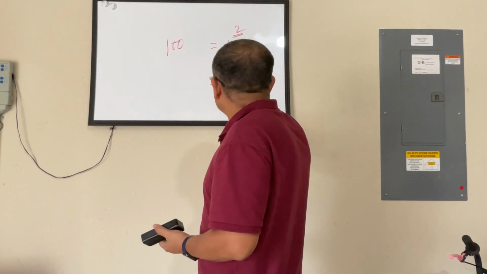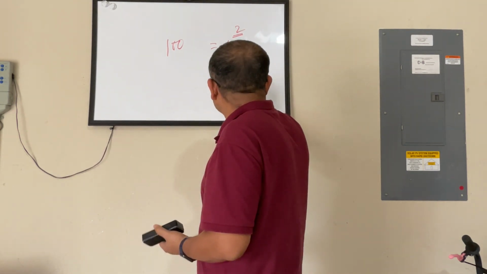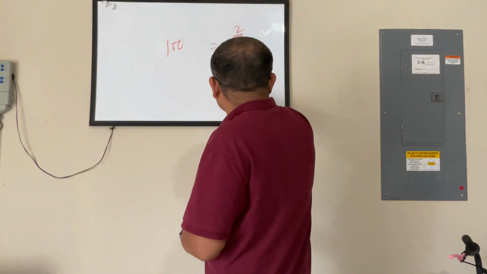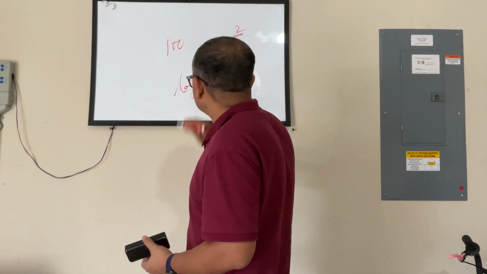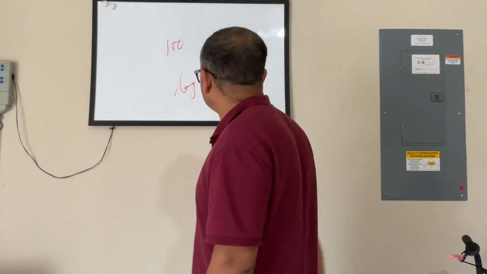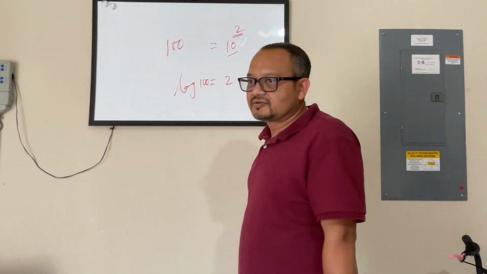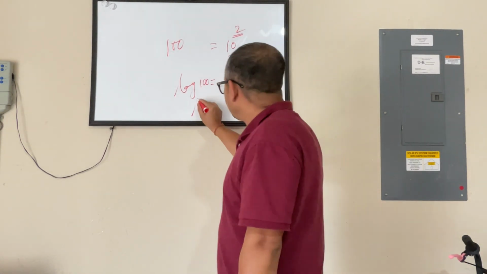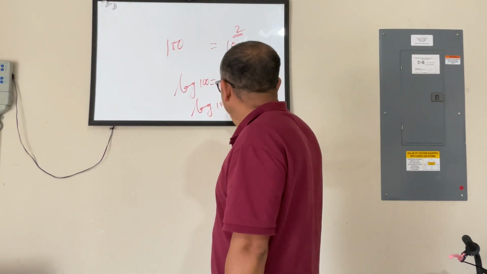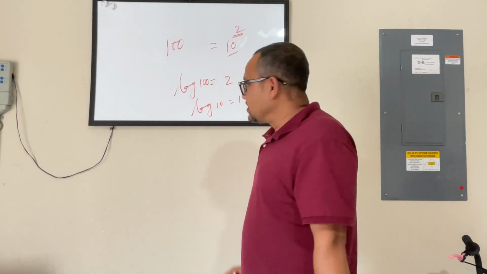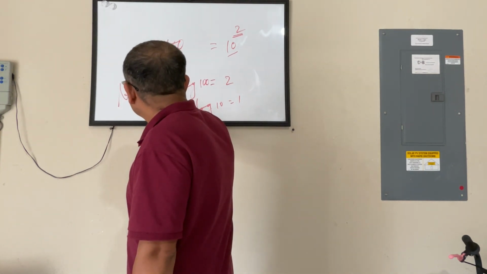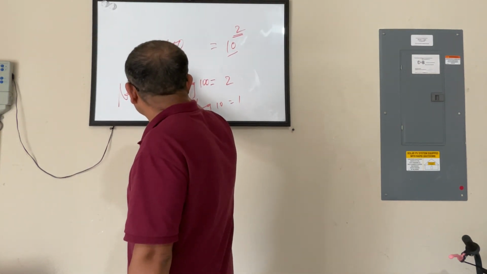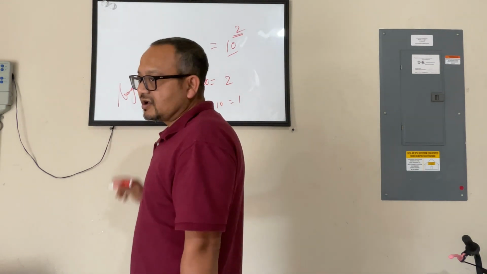So they will say log of 100 equals 2, or log of 10 equals 1, because log of 10 is the same as 10 to the power 1.